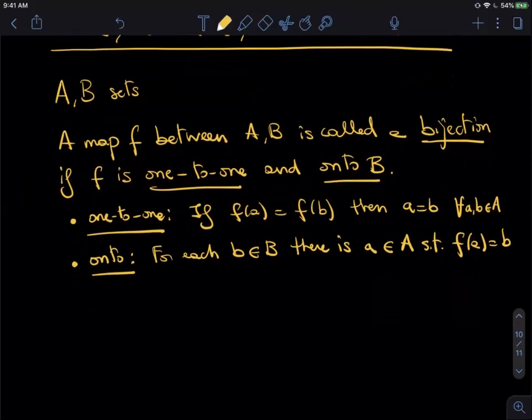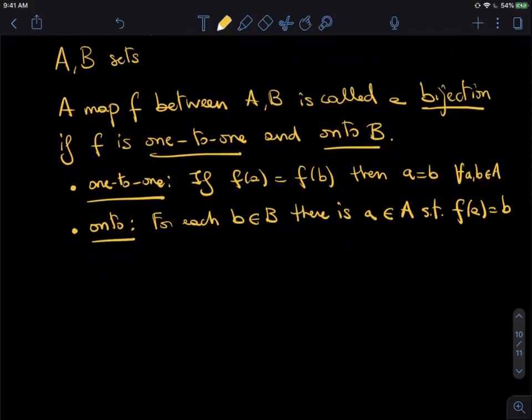So we are going to look at what happens when we have a bijection between two sets.